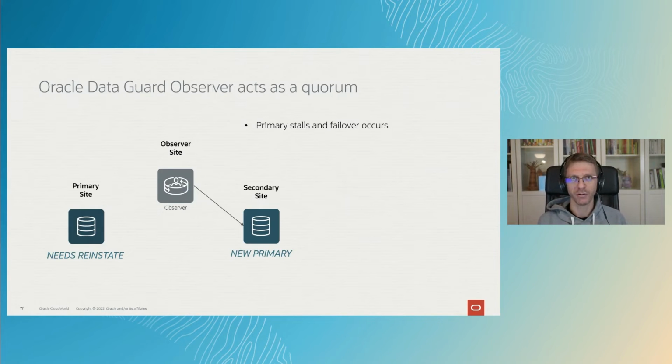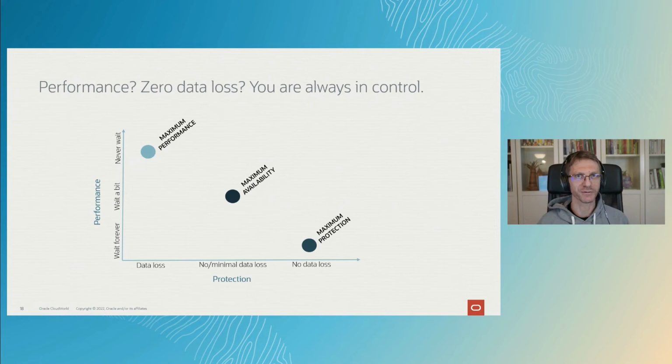But because the observer is not reachable by the primary, it will just stop accepting transactions and will shut down. So depending on the configuration, if it's synchronous or asynchronous, we can guarantee that the primary does not commit a single transaction if the observer and the standby database are not reachable anymore. And this is how we ensure that there is a failover without data loss. And this is something that is not possible to ensure if you don't have an observer that gives this quorum to the primary database.